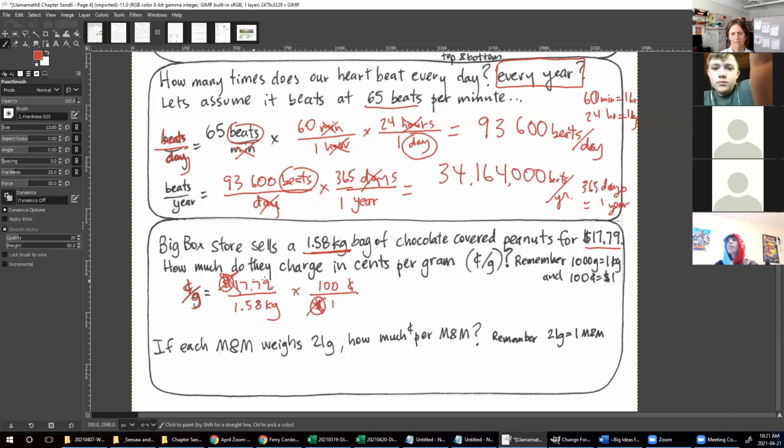Now if I did this, I would have cents per kilogram, but I don't want kilogram, I want gram. So if I have kilograms and I want to change this unit, this is on the bottom, so I'm going to multiply by something where kilograms is on the top.